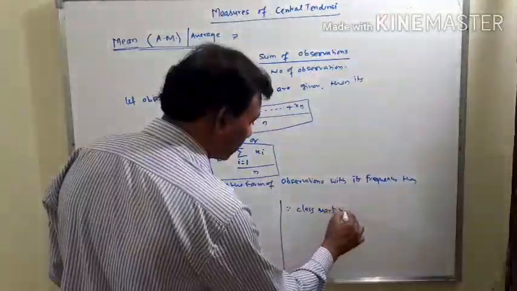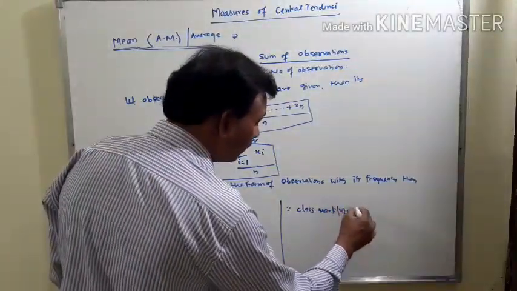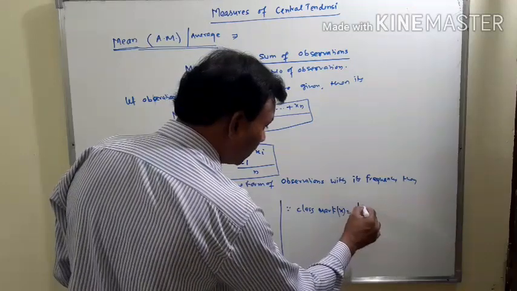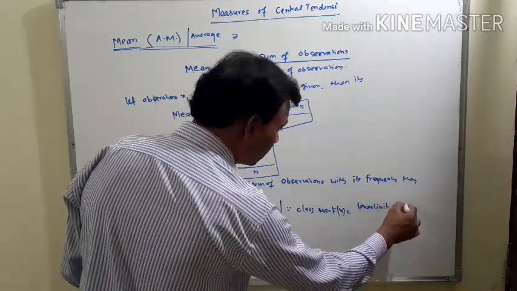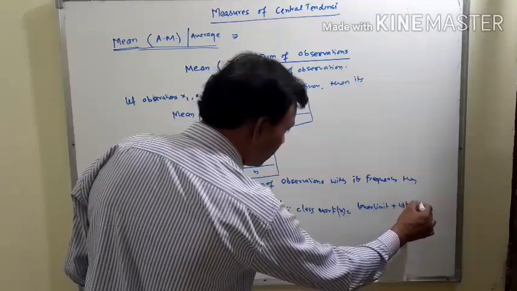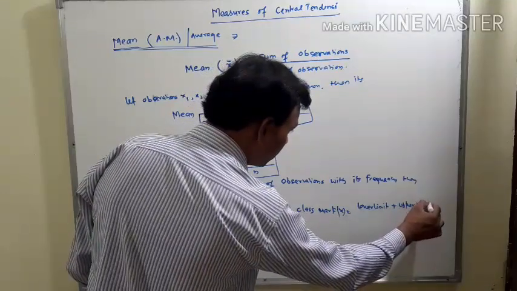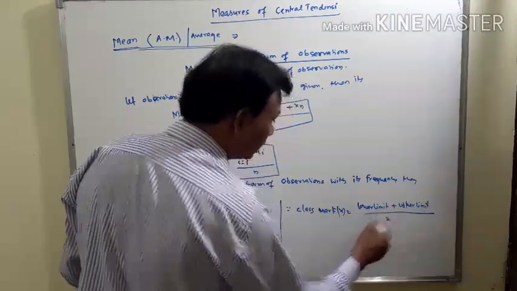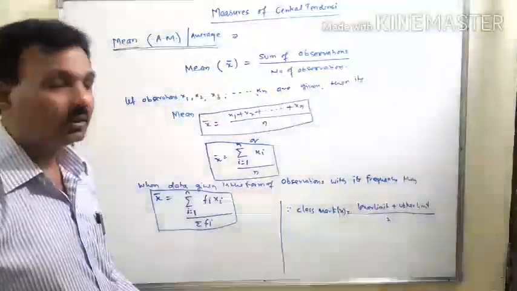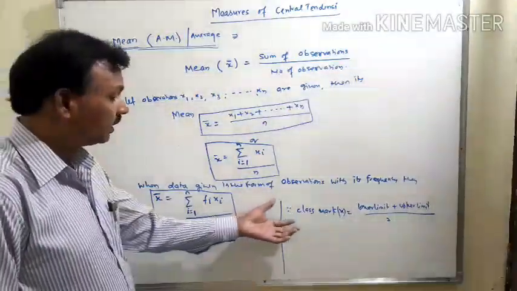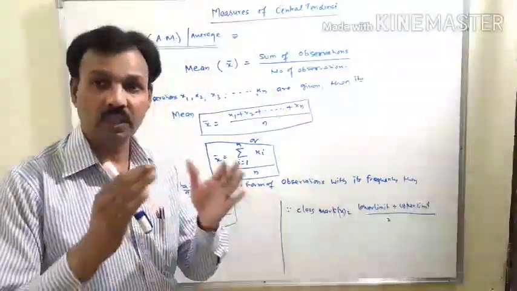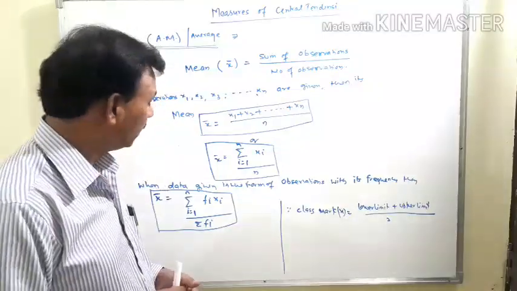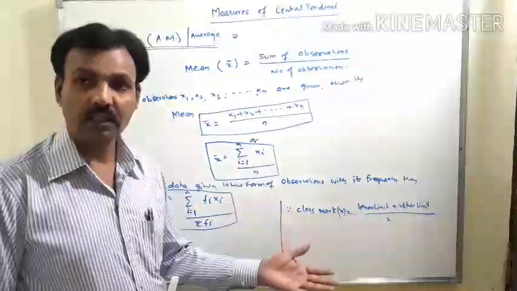Class mark x equals lower limit plus upper limit whole upon 2, that means the midpoint of the group data. First find x from that group data, and frequency is already given.